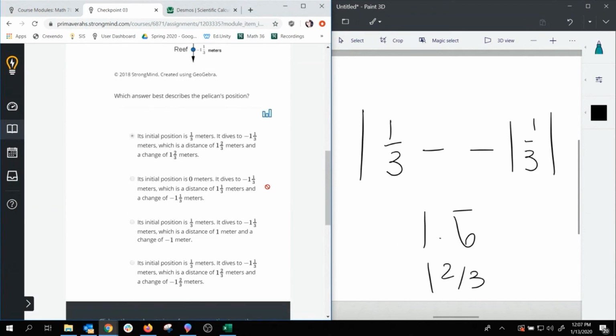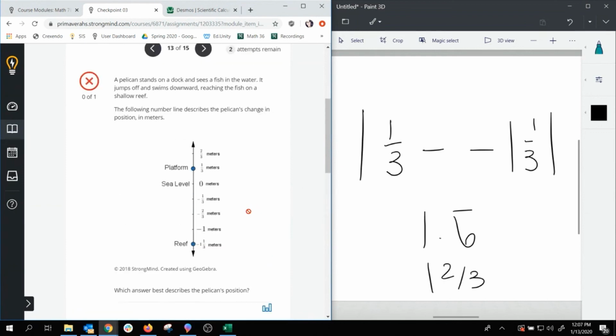That's interesting because I think it's because of this. So the question is asking what is the pelican's change in position, not what's the distance between these 2 points. So if he's starting above sea level and then he goes down, his change is decreasing.